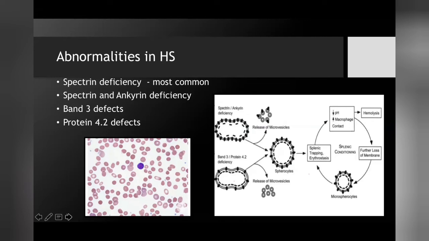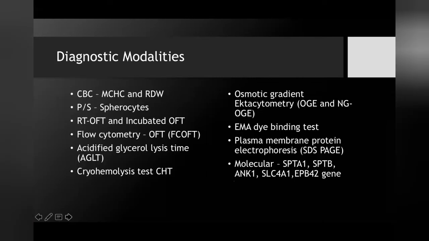To accommodate for that lost membrane, the RBC assumes a spherocytic shape because the sphere has a lesser surface area for the same volume. So the RBCs become spherocytic, and when they pass through the spleen, they undergo splenic conditioning. They further become microspherocytic. So these microspherocytes are the hallmark of hereditary spherocytosis, which can be very well seen on a peripheral smear. Next, please.